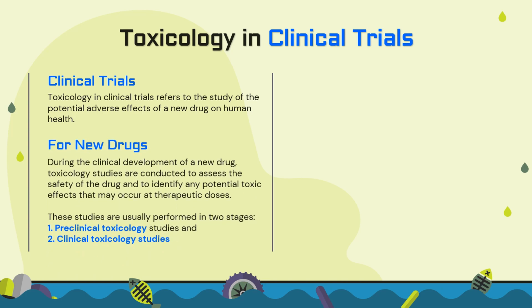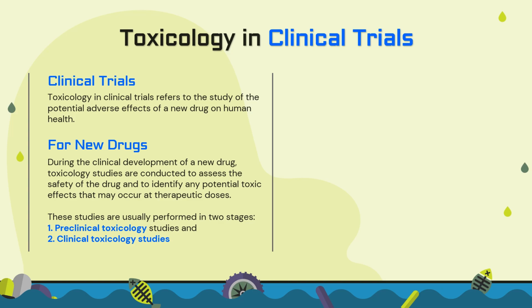So for a new drug, during the clinical development phase, toxicology studies are conducted to assess the safety of the drug, obviously, and to identify if there are any potential toxic effect that may occur at therapeutic doses. So in order to determine a particular therapeutic dose, in order to use a particular chemical or a drug agent to cure a particular disease, it is very important to understand whether that concentration is not causing any toxic effect.